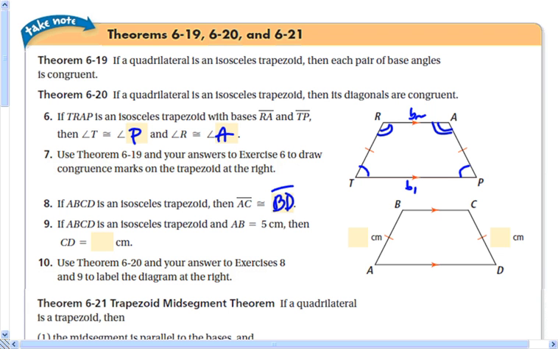If ABCD is an isosceles trapezoid and AB is equal to 5, then CD is equal to 5. And we can label, we know that this line here is congruent to this line here. And so we can say that that line and that line are congruent, and that line and that line are congruent. All right.